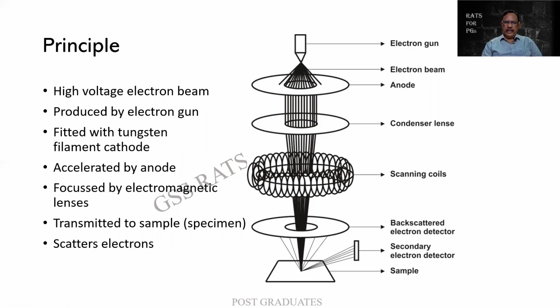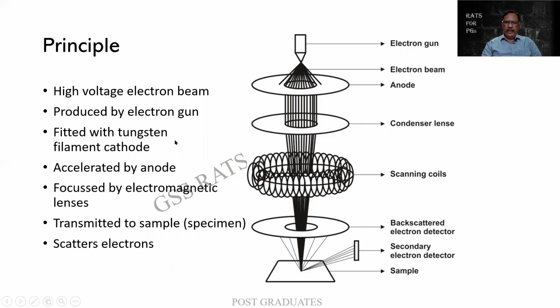And there is a condenser lens which helps the beam to pass through the scanning coils, and it falls on the object and gets scattered, which is detected by the computer and then recorded.